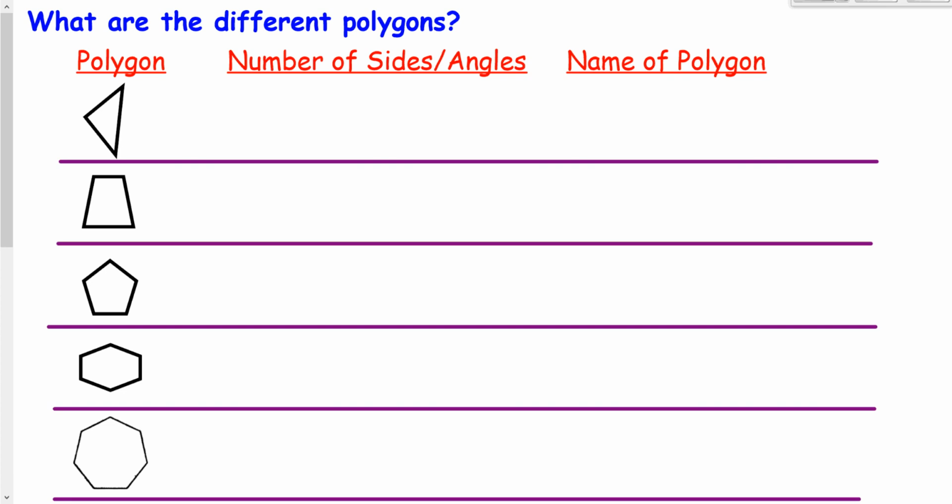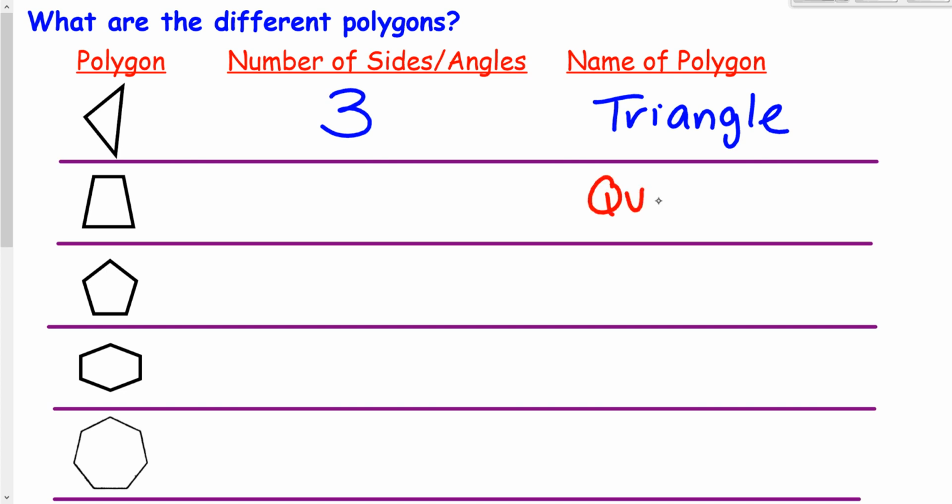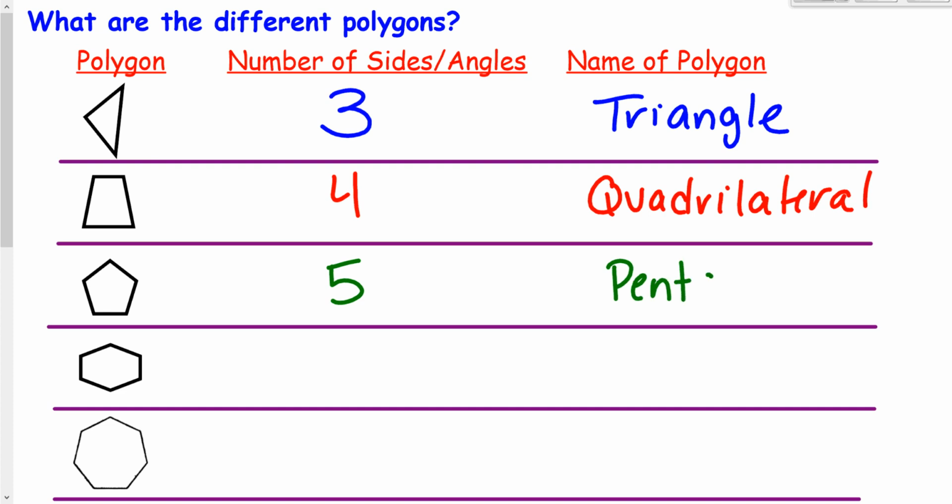So if I say triangle, then you know that the number of sides is 3 and the number of angles is 3. Okay, coming from a quadrilateral, you know that it is a 4-sided shape. A 5-sided shape is known as a pentagon.